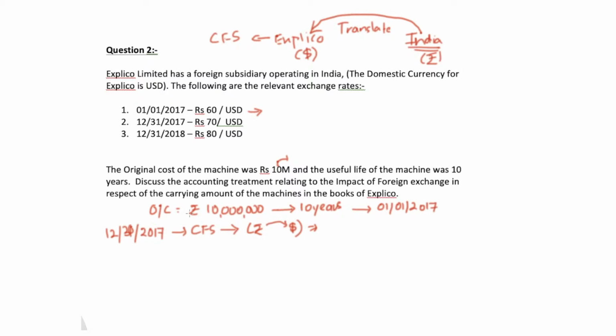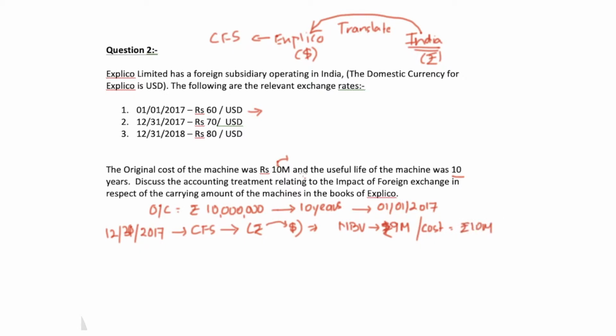Because we are going to depreciate the asset over 10 years, the net book value of the PP&E would be 9 million rupee, and the cost will remain the same at 10 million rupee.